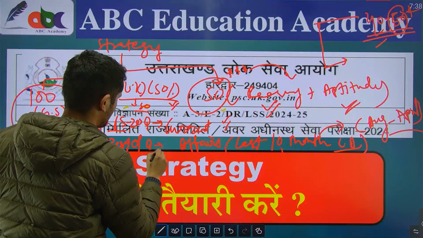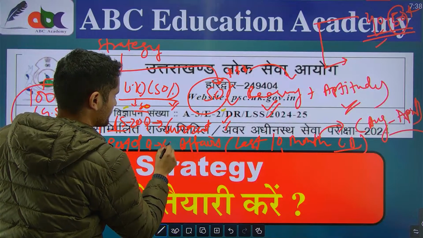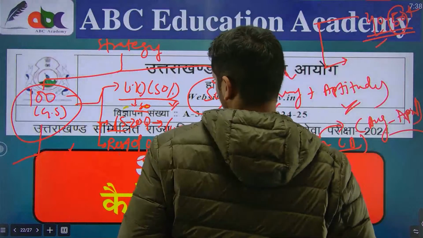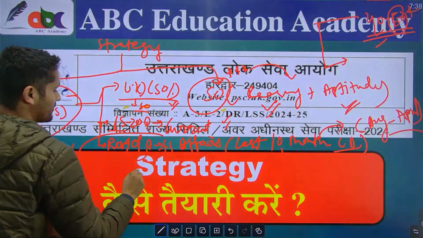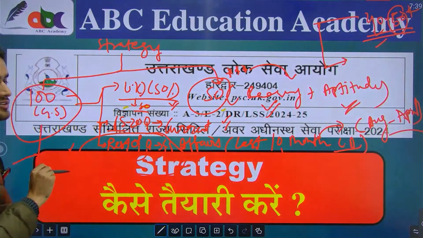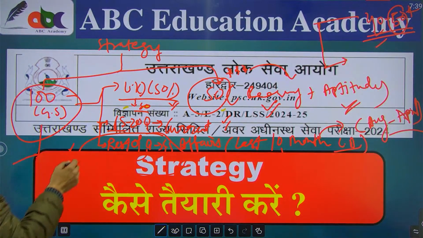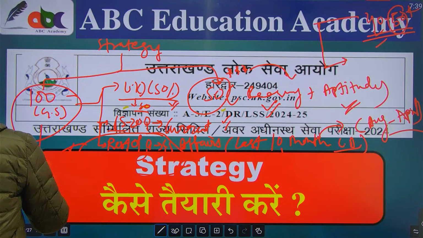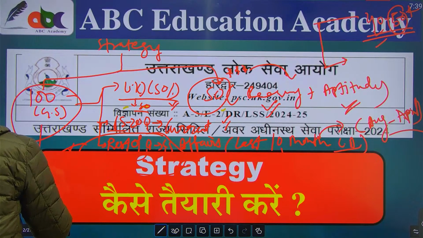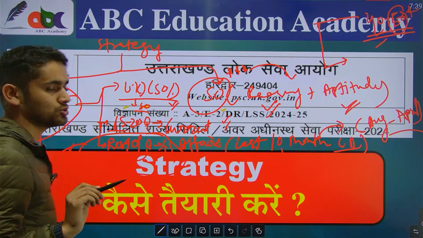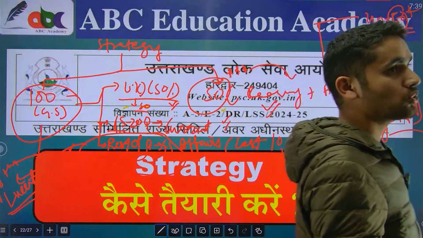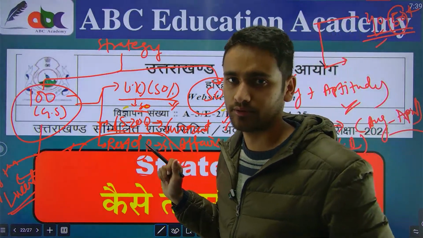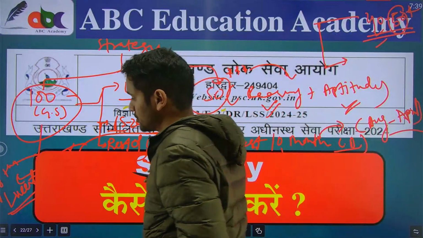So even if you don't cover the GS part very thoroughly from these standard books, you can go through Loose End. When I say Loose End, you need to have a hold over this book, that means you should have a command over the book.